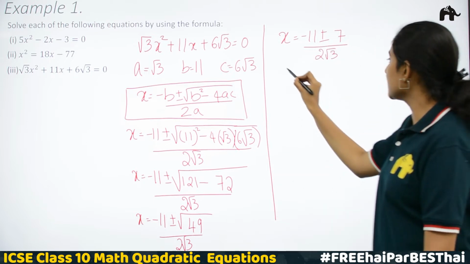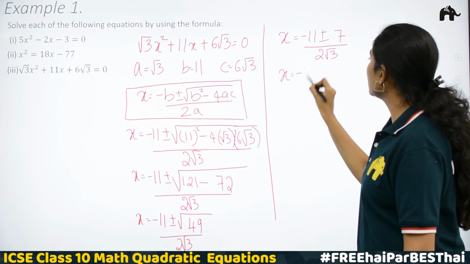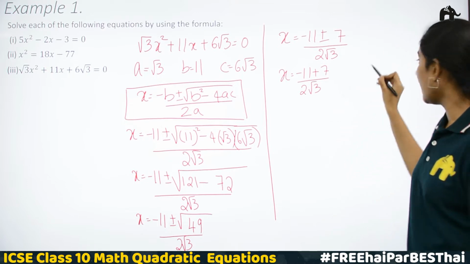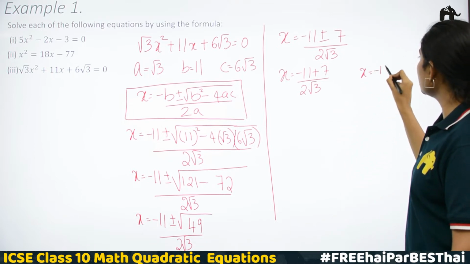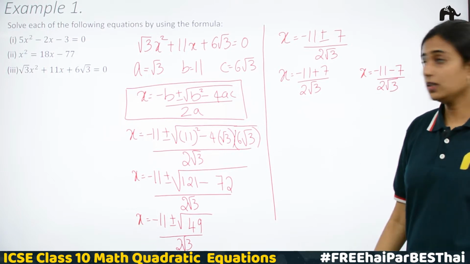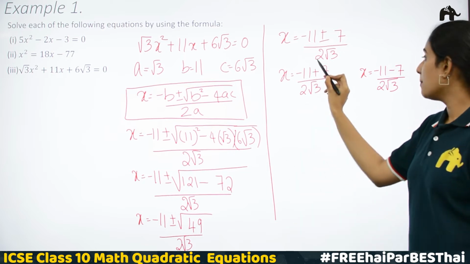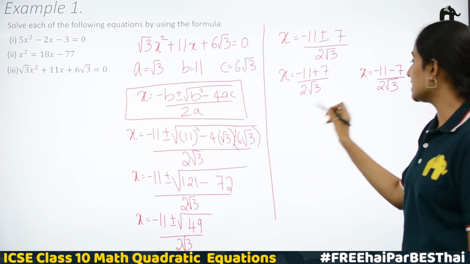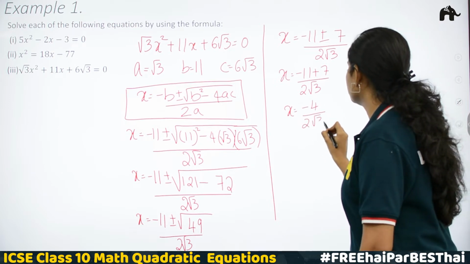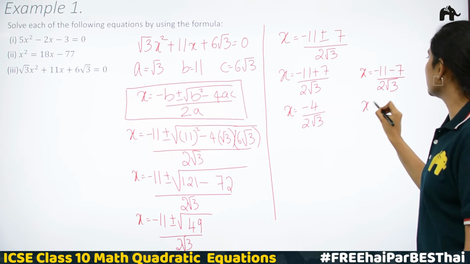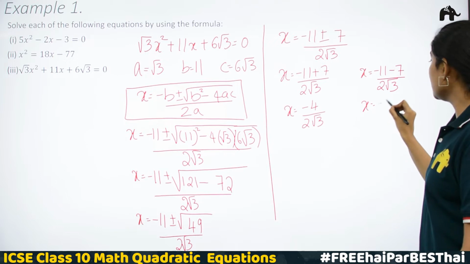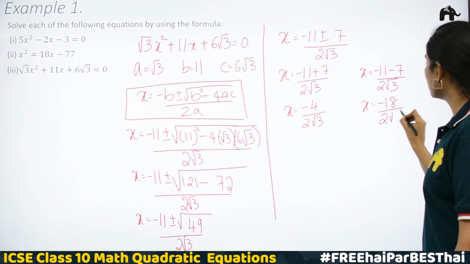Then the values of x are, x is equal to minus 11 plus 7 by 2 root 3, or x is equal to minus 11 minus 7 divided by 2 root 3. The first one, minus 11 plus 7, you will be getting x is equal to minus 4 by 2 root 3. And here x is equal to minus 11 minus 7, that is minus 18 by 2 root 3.